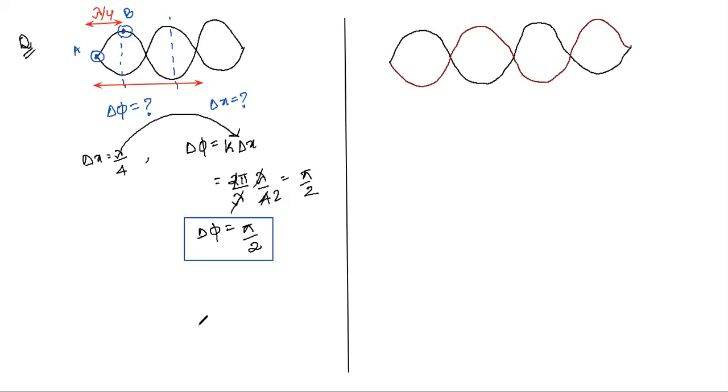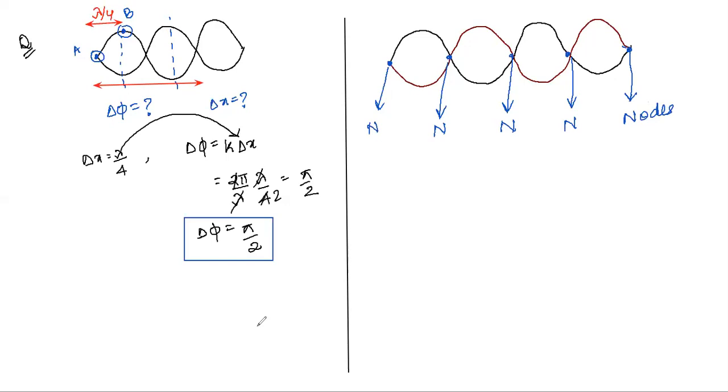Now let us categorize different parts of it, right? These parts where displacement is 0 are called nodes.